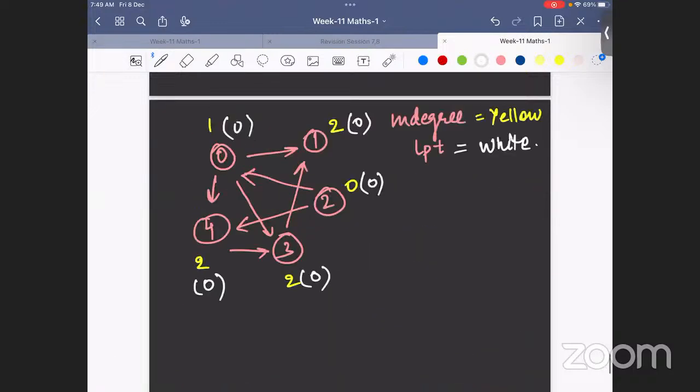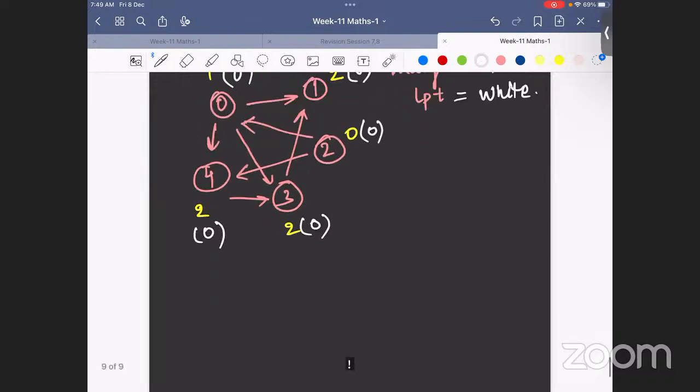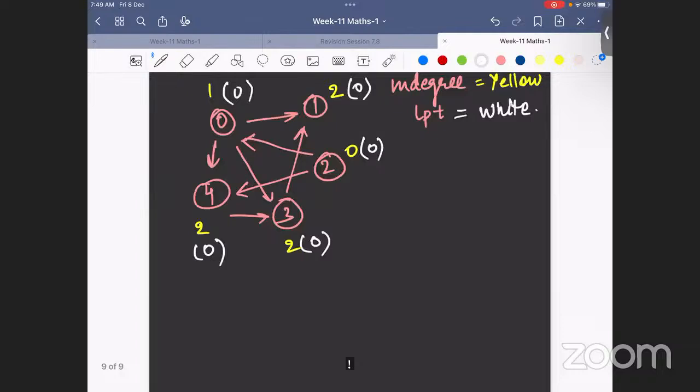So which vertex do I have to take out first? 2, sir. 2, correct? So we first take out the 2. You can write 2 in the topological sorting. Correct? What should be the value of longest path to 2?